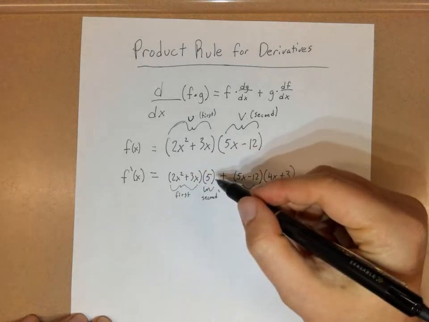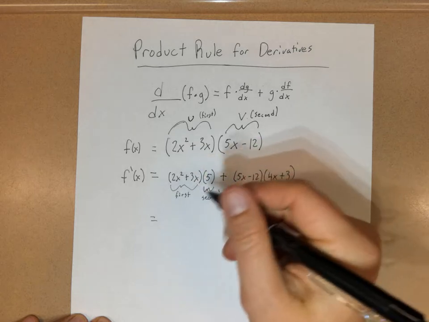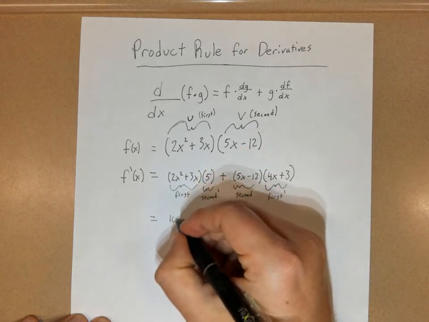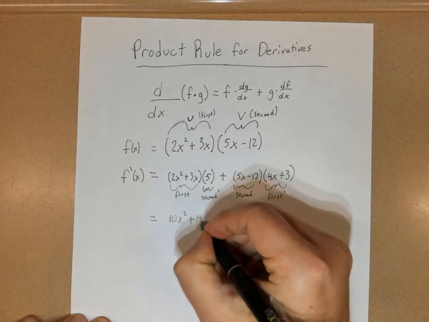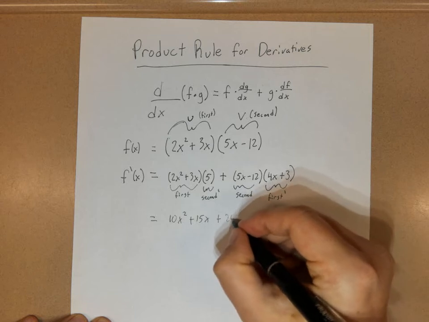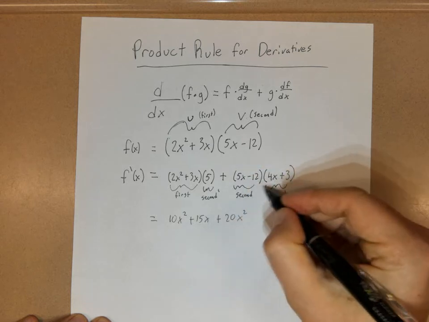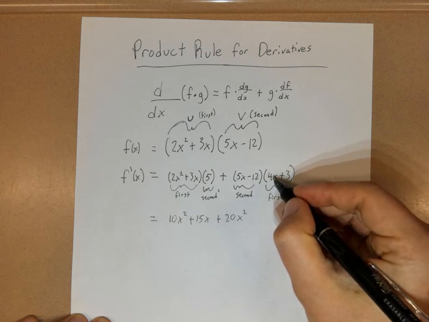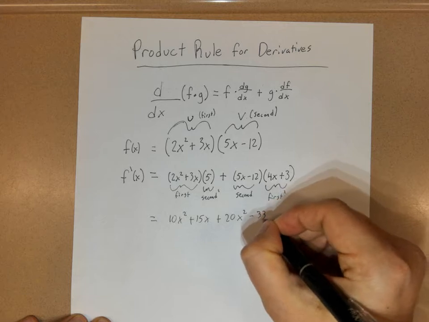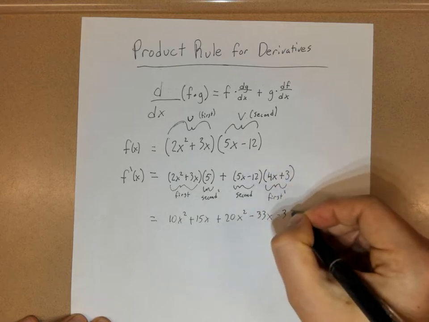And so if you wanted to go through and combine like terms, we could do that. Some teachers require it, some don't. So if I distribute here, I'm going to have 10x squared plus 15x. Here, if I FOIL this out, I'm going to get 20x squared, plus 15x minus 48x, which is going to be minus 33x, and then minus 36.